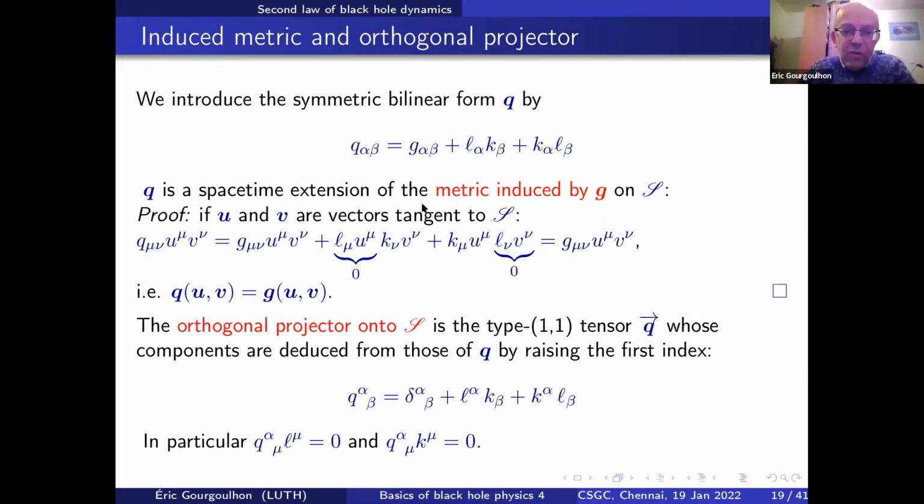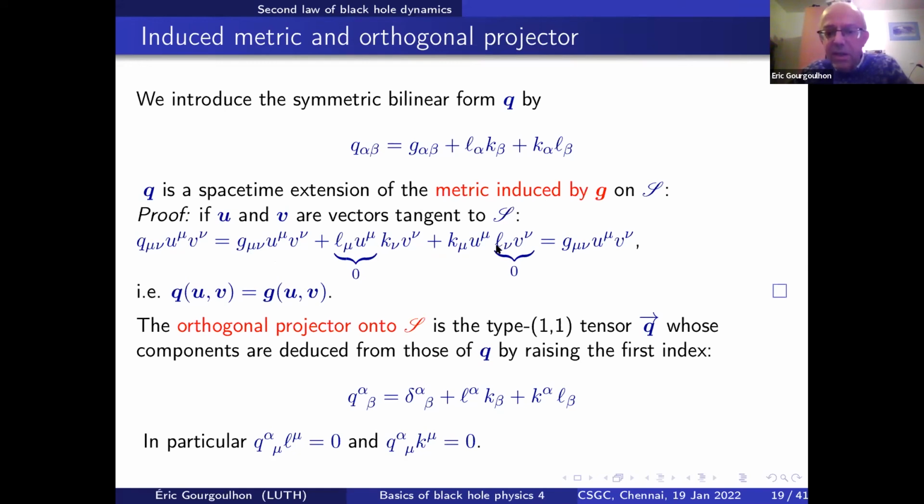Indeed, if I take two vectors tangent to S, I call them U and V, and I take the scalar product with Q of these two vectors. According to this formula, I have this, but here I will have a term which is zero, because by definition, L is normal to the horizon. So in particular, it's normal to any vector tangent to S. So it is zero.